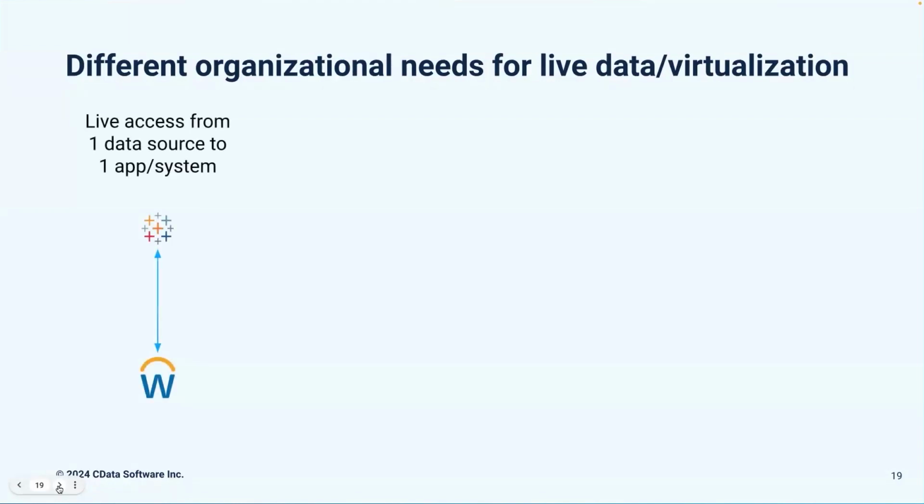So, the pattern that we've seen over the years is a single data source, maybe Workday, into a single app or system that they're trying to access data from, Tableau. So Tableau doesn't have native connectivity to Workday. And so there's a broad need in the market if you have your HR financial data in Workday to provide departmental or organizational reporting into Tableau through that live connection.